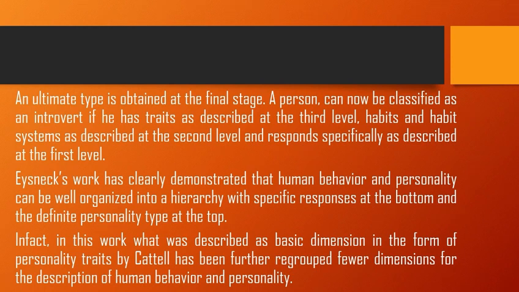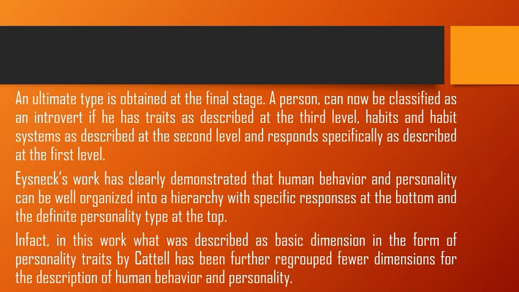Ultimately, a distinct type is obtained at the final stage. A person can now be classified as an introvert if he has traits at the third level, habits and habit systems as described at the second level, and specific responses at the first level.